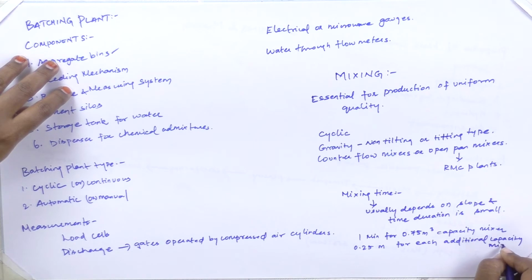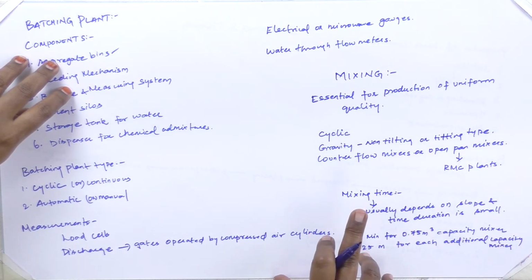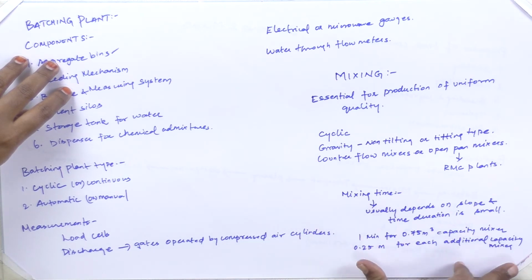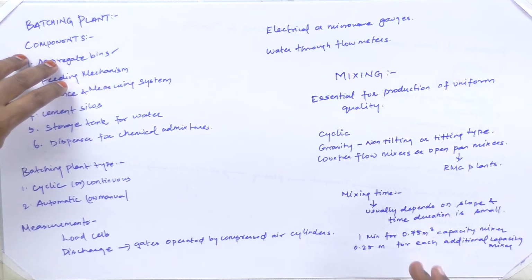If our mixer capacity is 0.75 meter cube, then 1 minute is required for the complete mixing of the ingredients, and for additional increase in the capacity, another 0.25 minute can be given for mixing the ingredients.